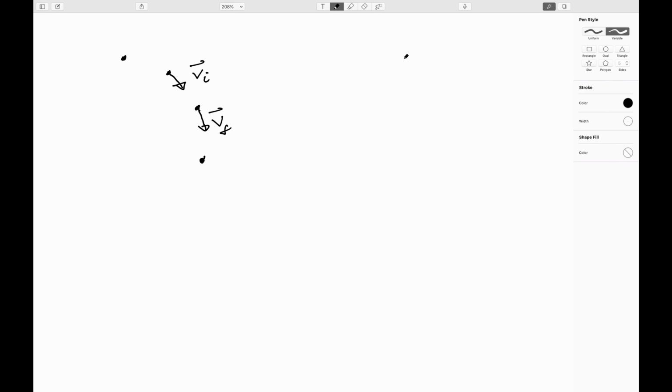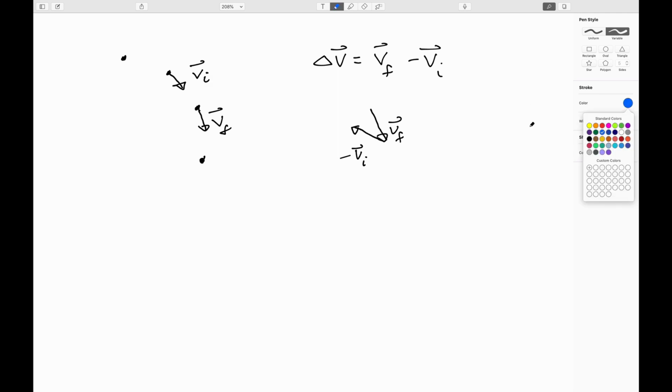So delta v is v final minus v initial. So I'll go ahead and draw in my v final. There it is. And I'll add to that negative v initial, pointing in the opposite direction. So my delta v here would be pointing like this.